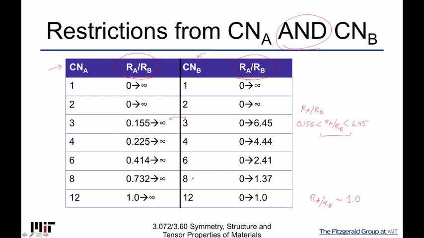Let's back off a little bit and look at 8 and 8. You can see that it actually opens up in that you would have the ability to fit in a fairly narrow range.